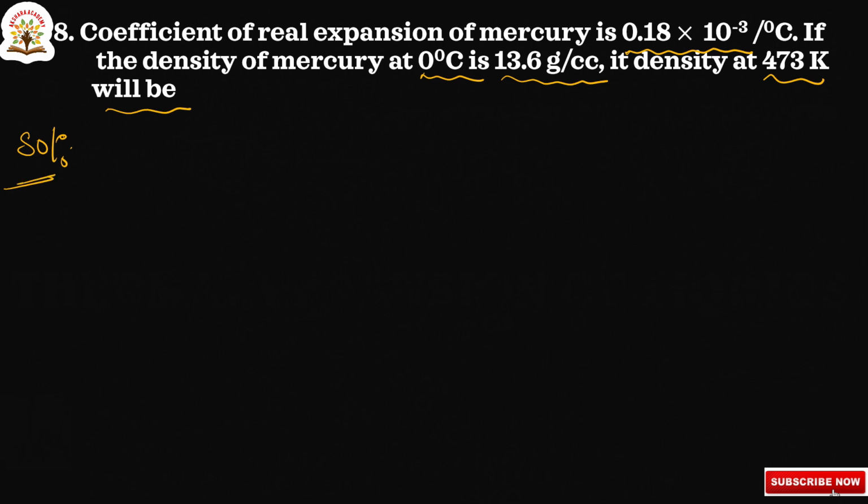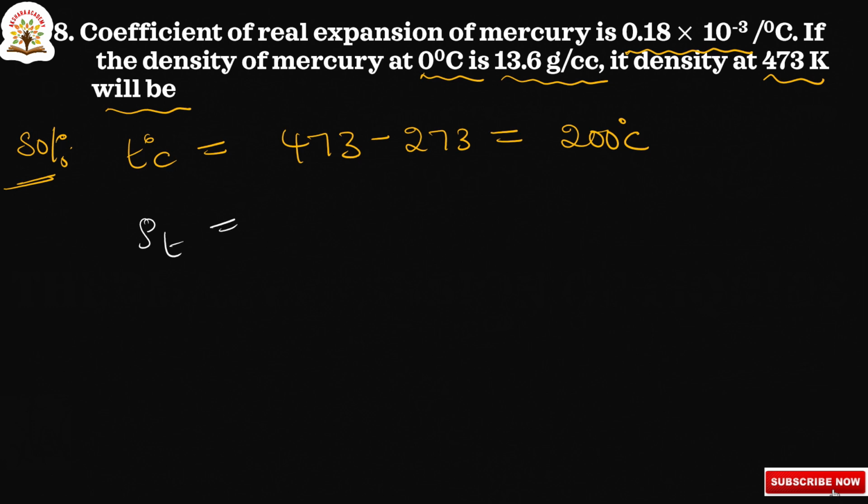Here we have to convert Kelvin into centigrade. So T degree centigrade equals 473 minus 273, which equals 200 degree centigrade. Now the density at T degree centigrade, rho T, equals rho naught of (1 minus gamma R into (T2 minus T1)).